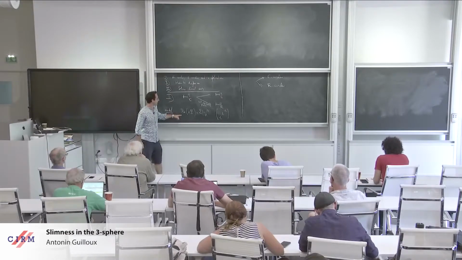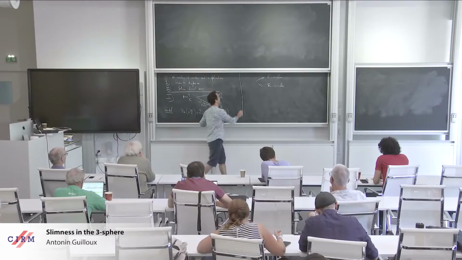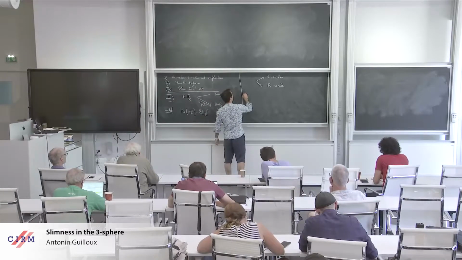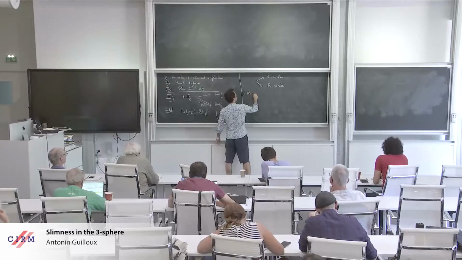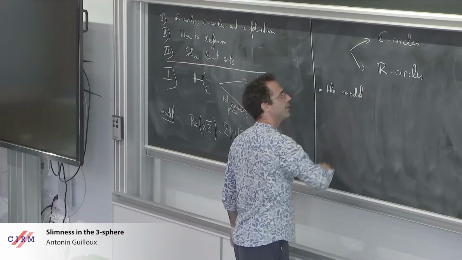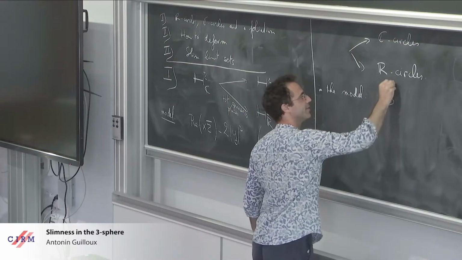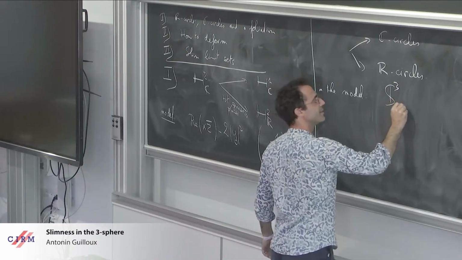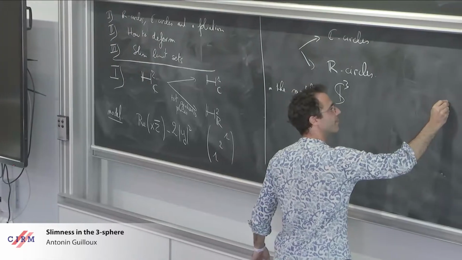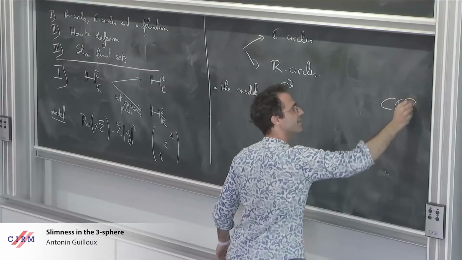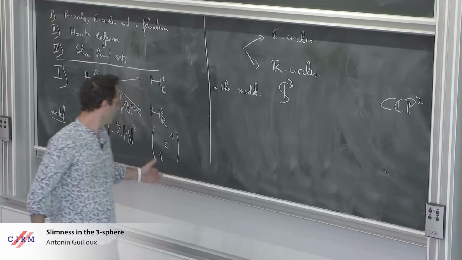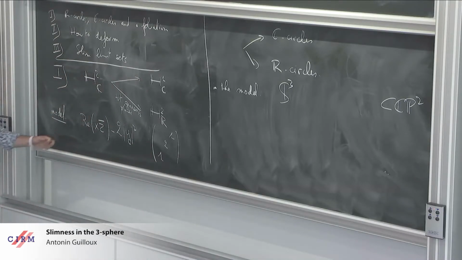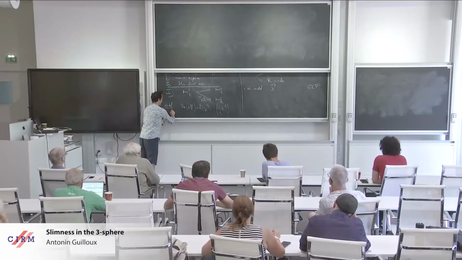And in this model, the boundary at infinity, the sphere, sits inside CP2, the projective model, so maybe I have to write down some things.